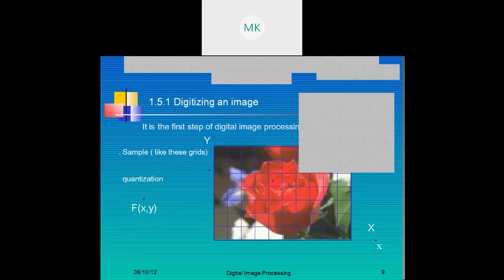So how do we perform digital image processing? What are the techniques involved? First is digitizing an image. How do we digitize the image? It is the first step in digital image processing, where we perform sampling and quantization.